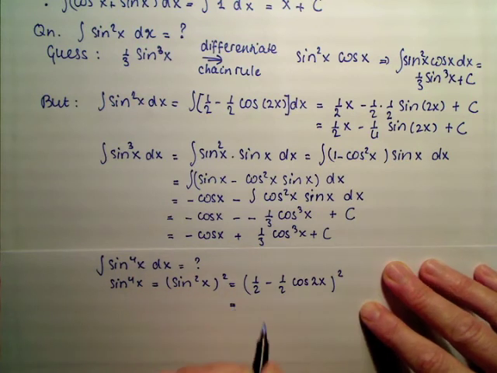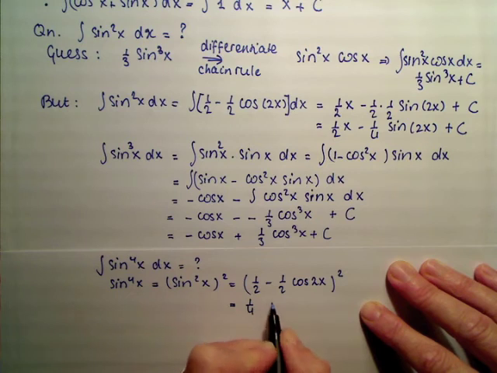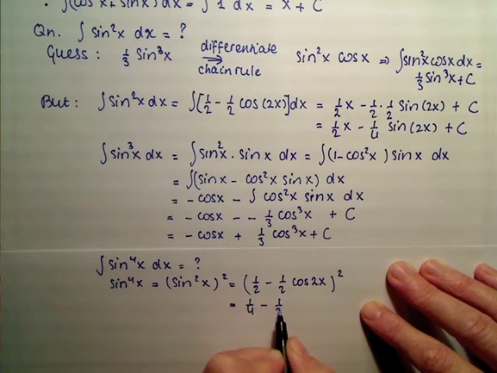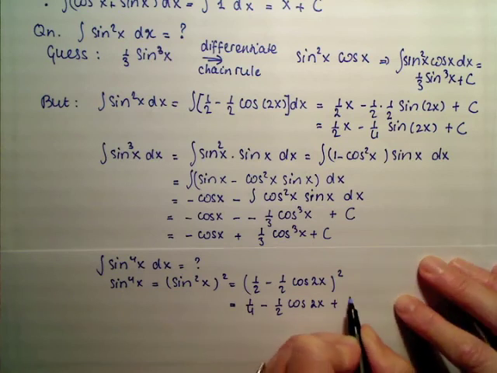And if you delete the brackets, you get the first term squared, 1/4, minus 2 times the product of the two terms, which gives us 1/2 times cosine of 2x, plus the second term squared.